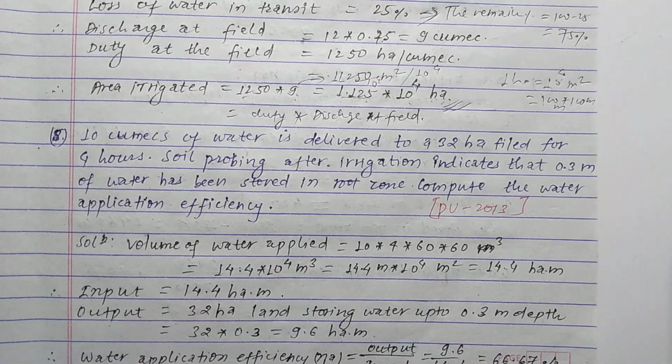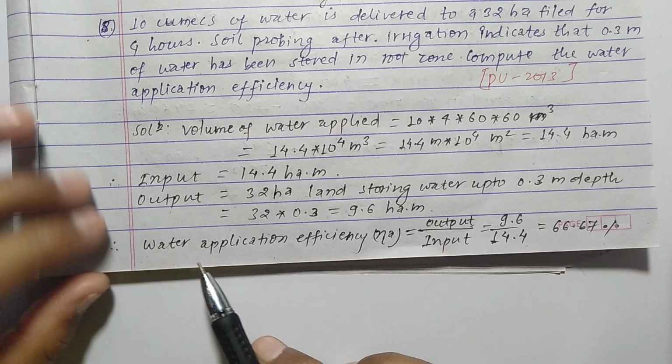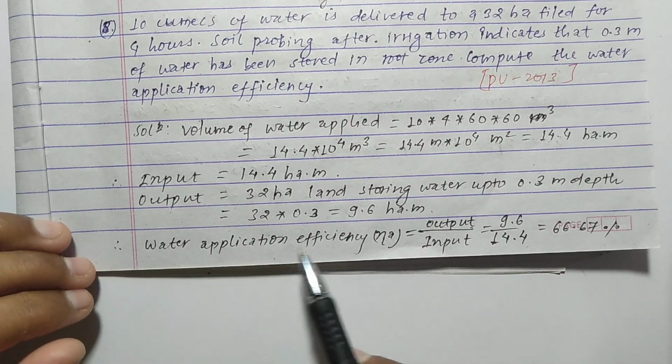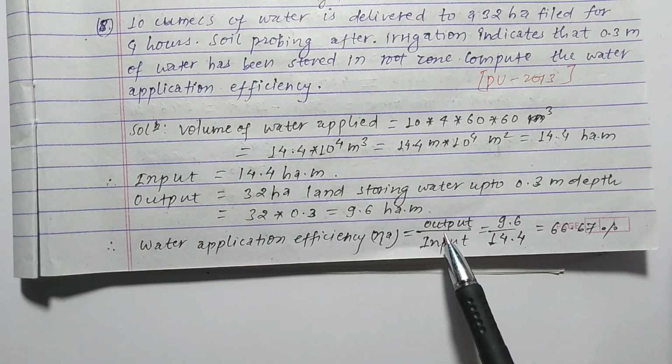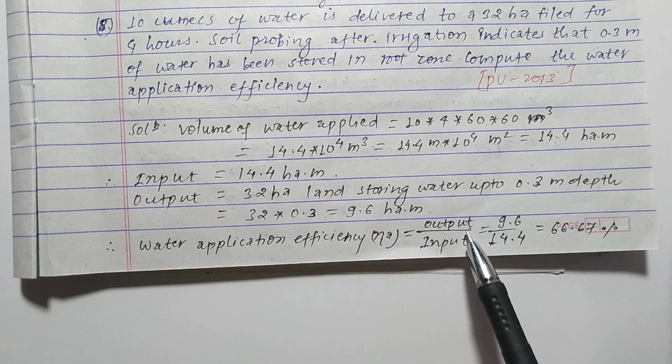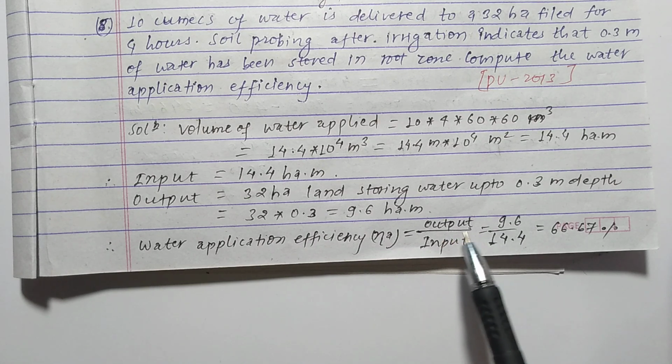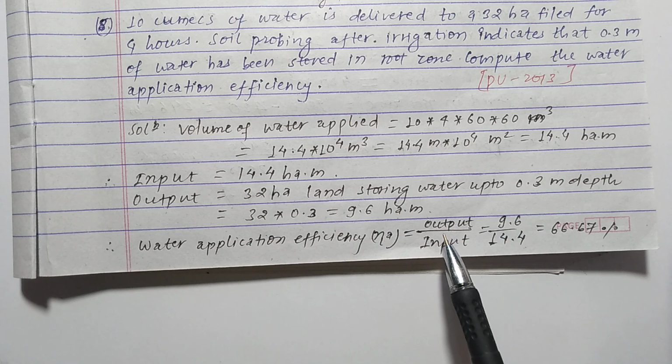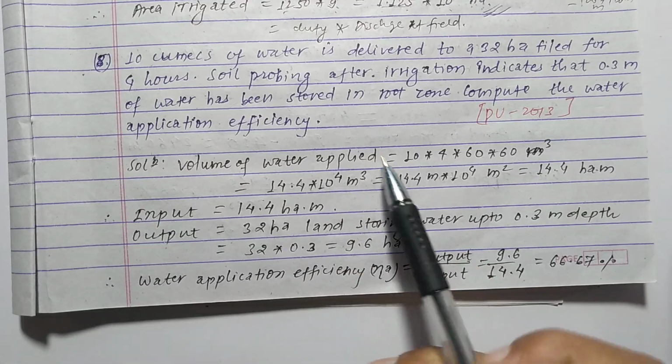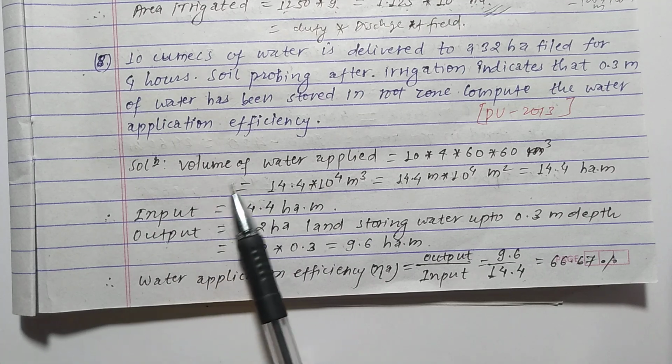In theory we have studied that the water application efficiency is equal to output by input water, and for this we have to calculate the output and input value. So let's see the solution.